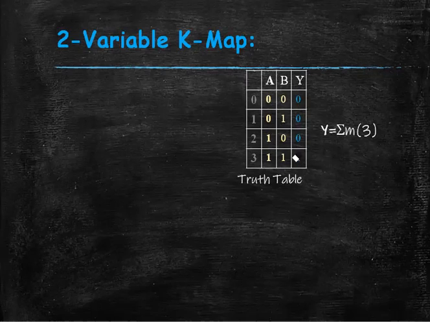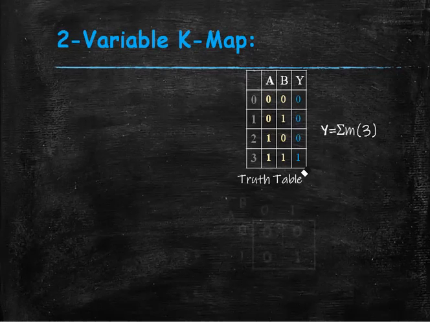The output is high only for the last term, that means for 1 1. For 1 1, the output is high. We know that 1 1 means AB, or it is for 3. Then we write the SOP as Y is equal to sum of products of 3.